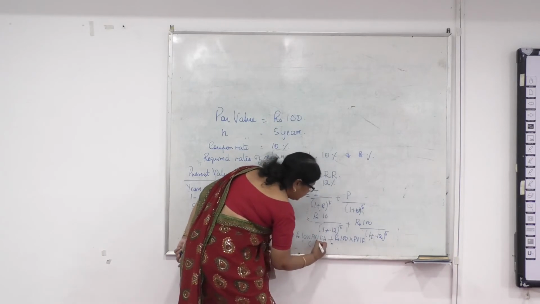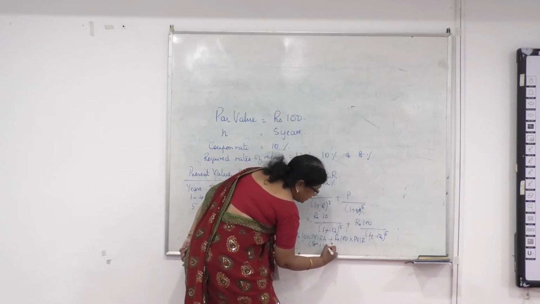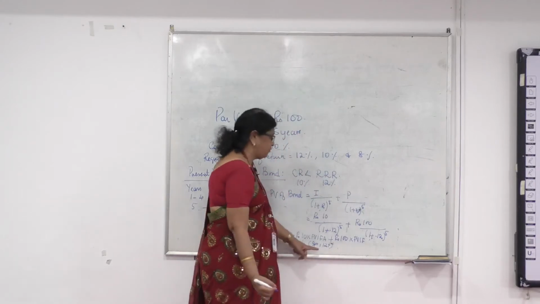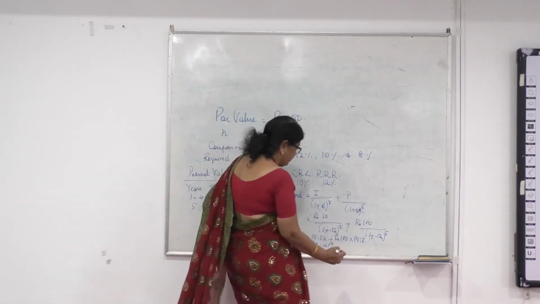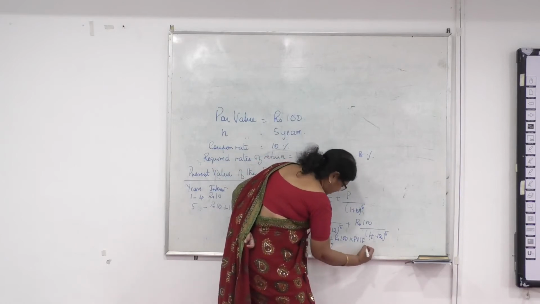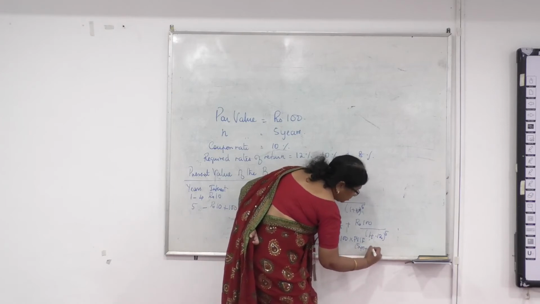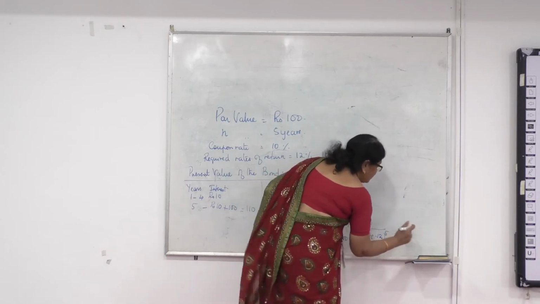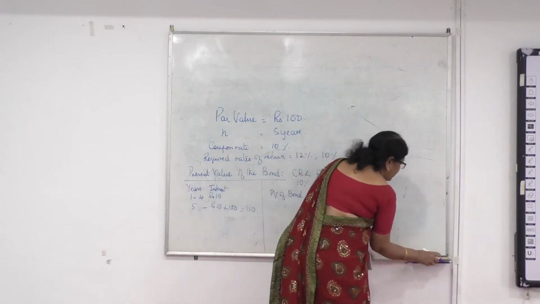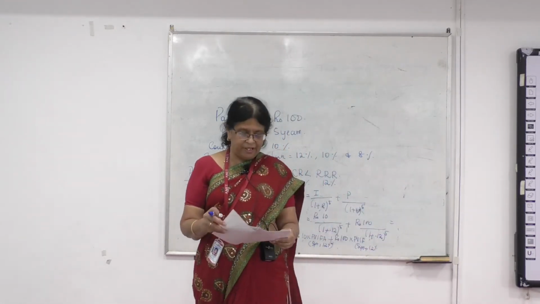Now what is the year that I will be using here? It will be 5 years. What will be the discount rate? The required rate of return will be the discount rate, and here it will be plus rupees 100 into PVIF, and here the number of years will be 5 years, and the discount rate will be 12%. So if I have to give you the actual answer for this, let me refer to the PVIFA table.